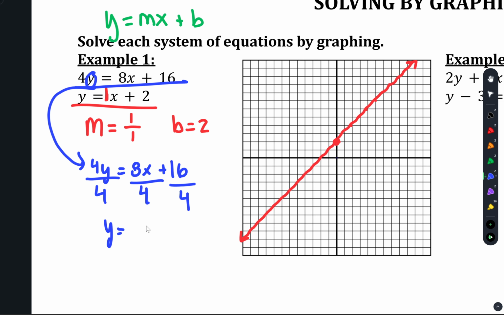So y equals 2x plus 8. I'm going to go ahead and graph 8. Up here is my y-intercept. Use my slope, which is 2 over 1. Up 2 over 1, up 2 over 1, down 2 backwards 1, until we get about there. Oh, sorry, this is an 8. This is a 4. Oops. Back it up, back it up.